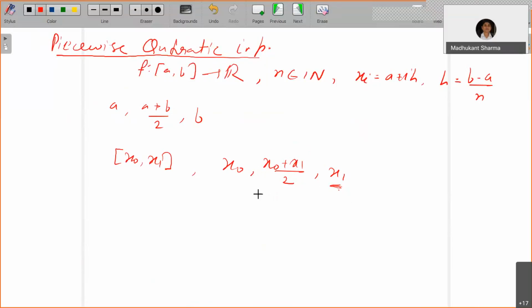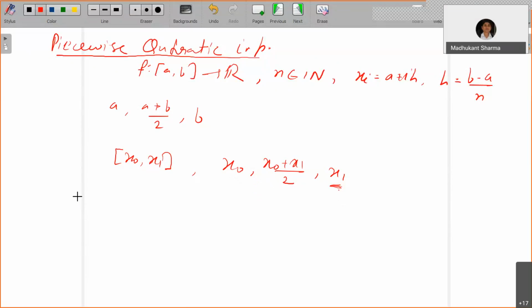When you have the corresponding values, f at x0, f at (x0 plus x1) by 2, and f at x1, if you know them. In practice, what you will take is x0, x1, x2. I hope that is very clear.